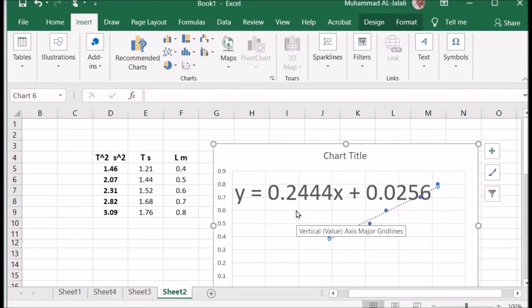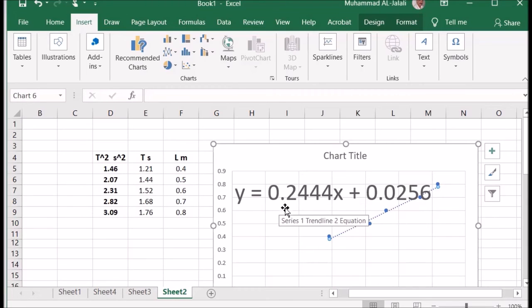This relation also is a straight line, a linear equation, with L at the vertical axis and t square at the horizontal axis.